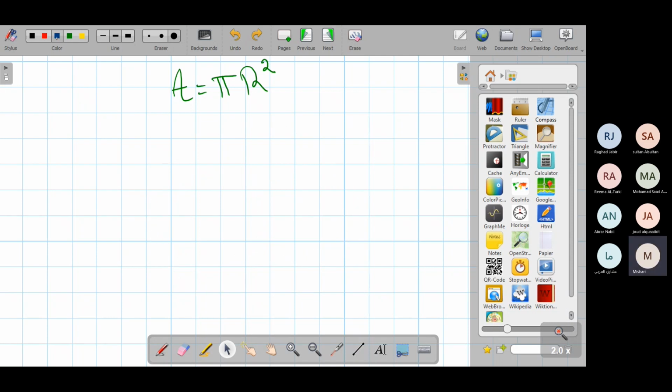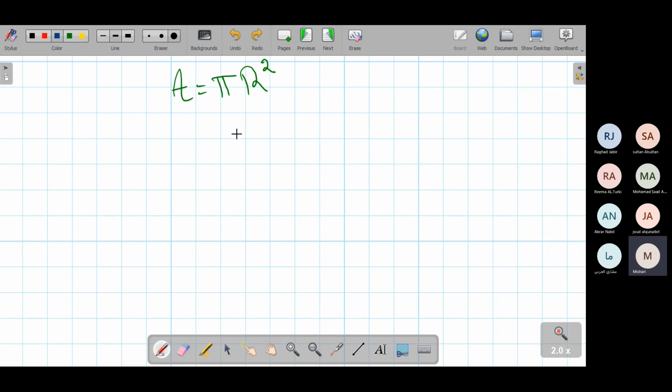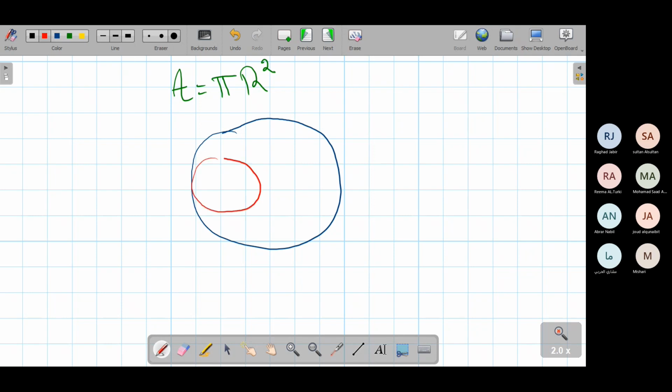I think what you mean is that the diameter of the small circle is equal to the radius of the big circle. I want to draw a proper figure, not by hand. So this is the large circle, and inside the large circle, I have two small circles. The distance from here to here is the radius of the large circle.